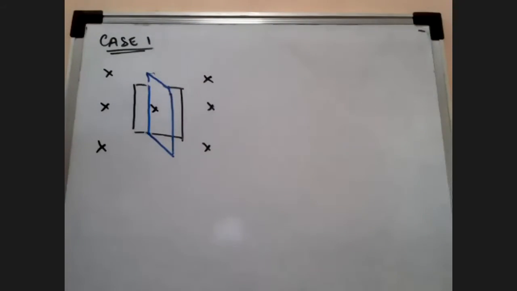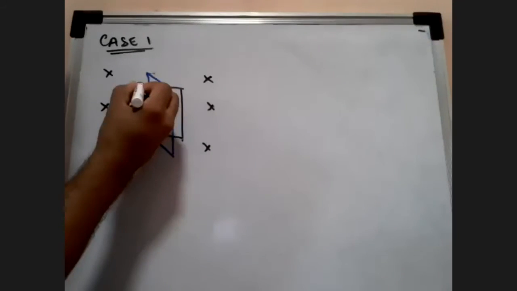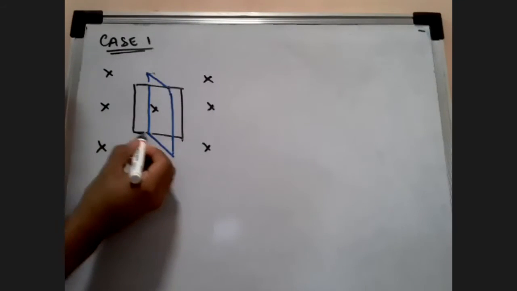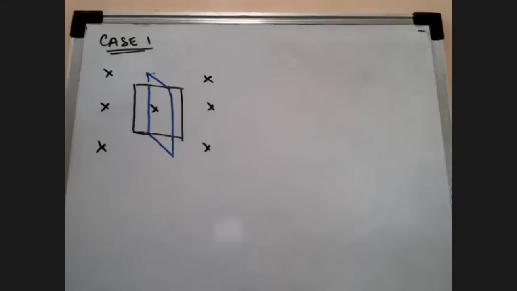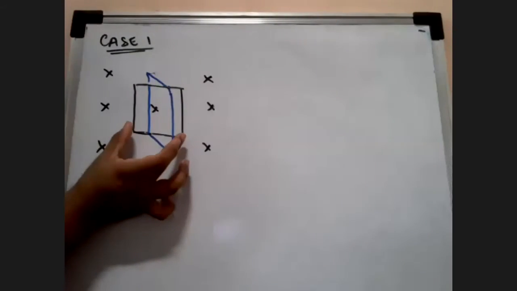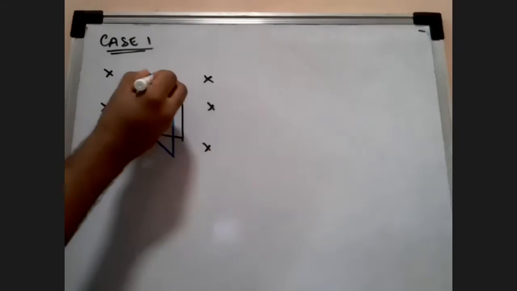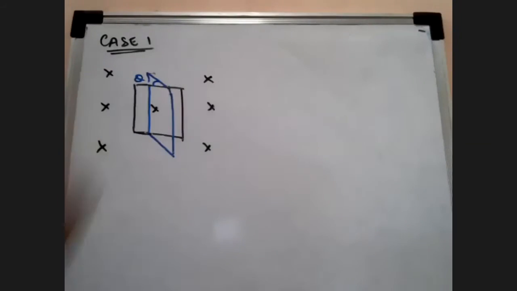So you can clearly see that there are two positions here. One is case number 1 and one is case number 2. Case number 2 is when I take this loop, black color, and I twist it at some angle theta.